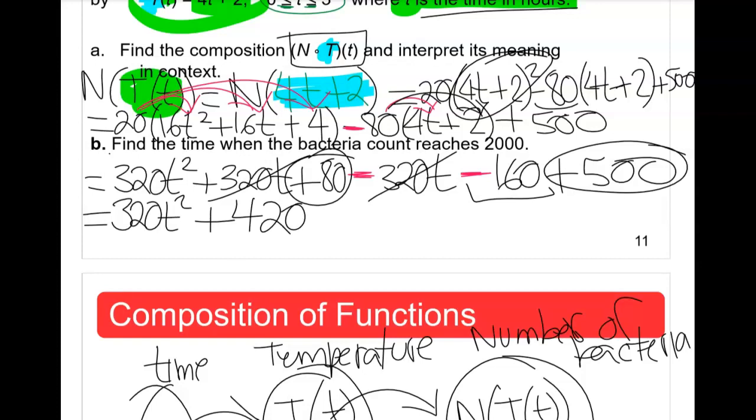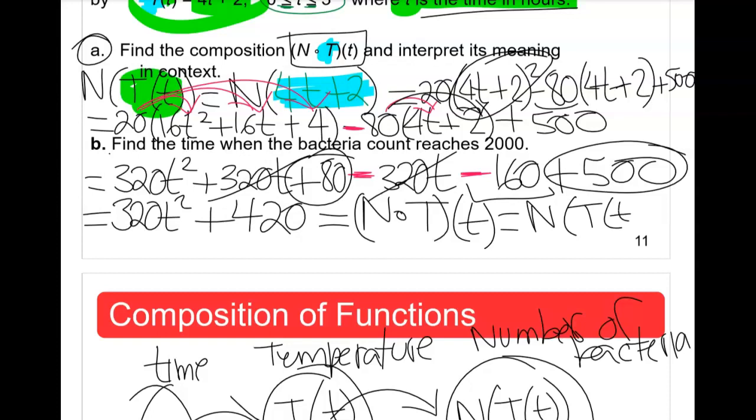And so that will be the equation that answers part A of the question. And that is the equation for N of T of t, or in other words, the N of t of t.